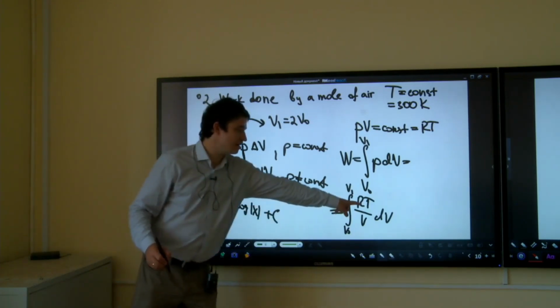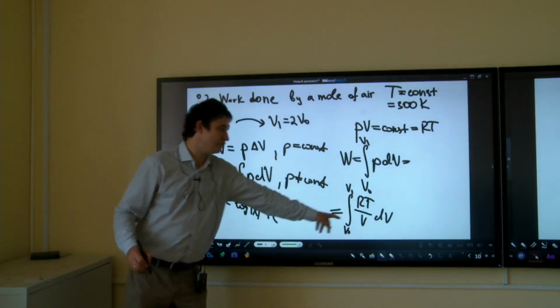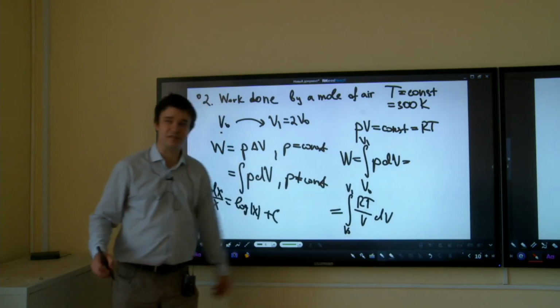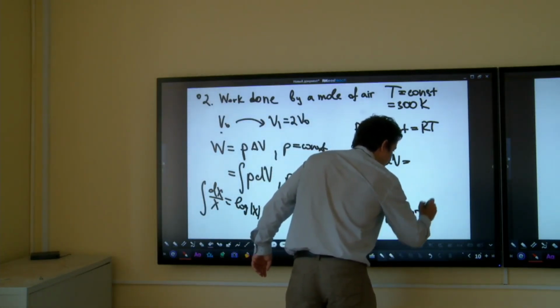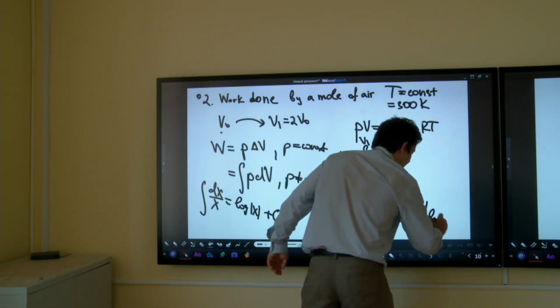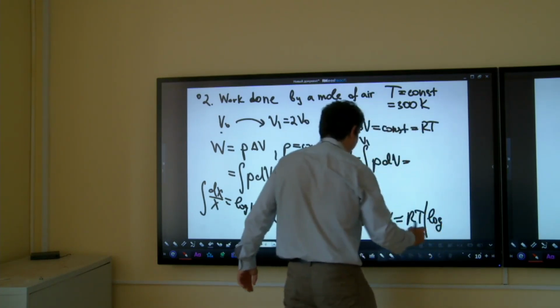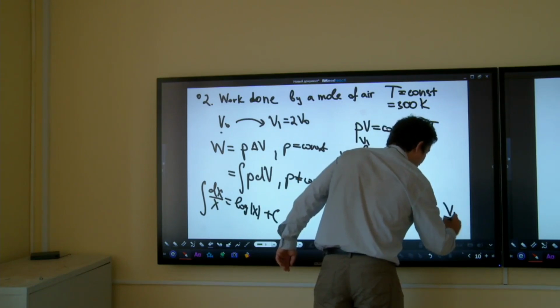You take this constant RT out of the integral and integrate within these limits, and that would give you RT times the logarithm of V1 over V0.